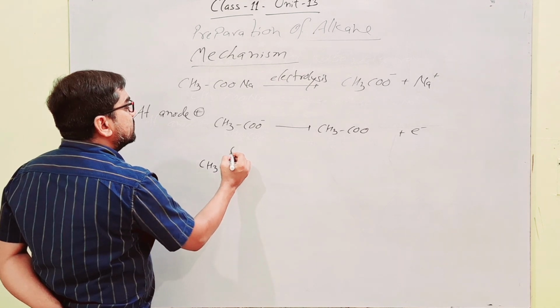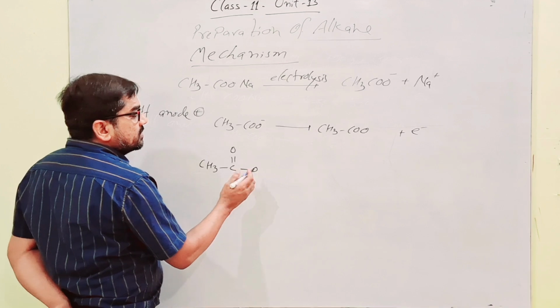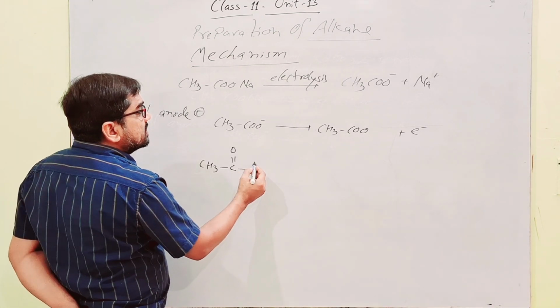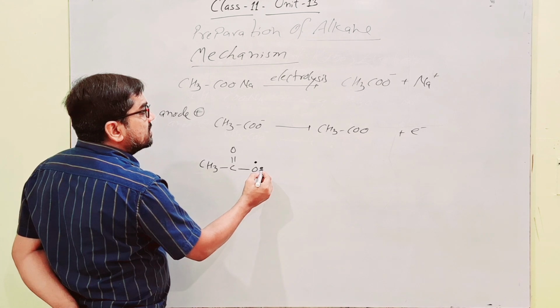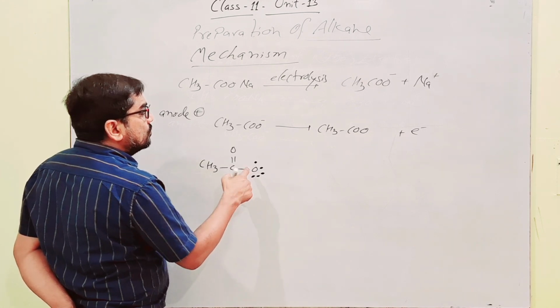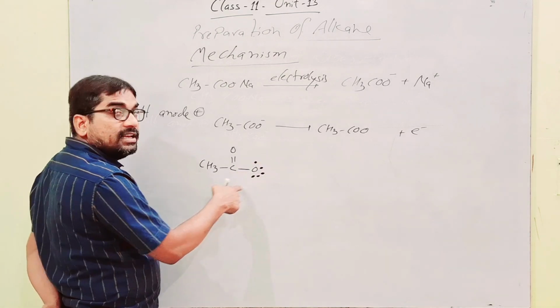In structure form, this oxygen is bonded with only a single bond to this carbon. Since oxygen has a total of 6 valence electrons, it used only 1 electron in sharing and 5 electrons are left.